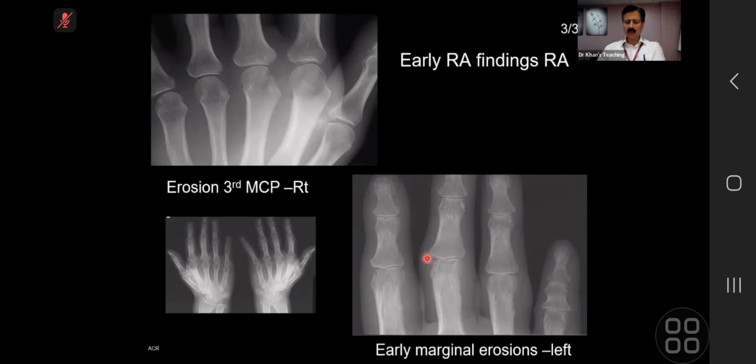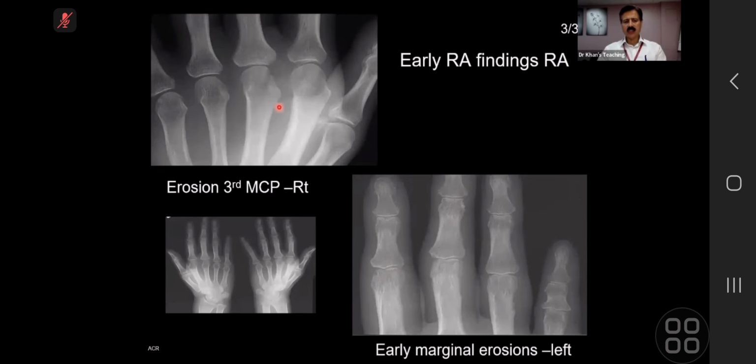We call it the dash dot pattern of early osteopenia or developing erosion. Similarly, you can see here that there is a bit of soft tissue swelling, and with that, there is a developing erosion.